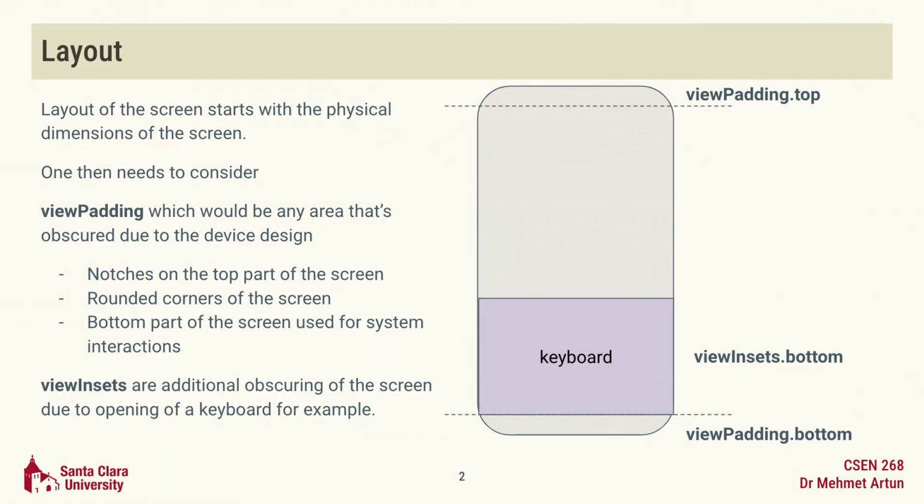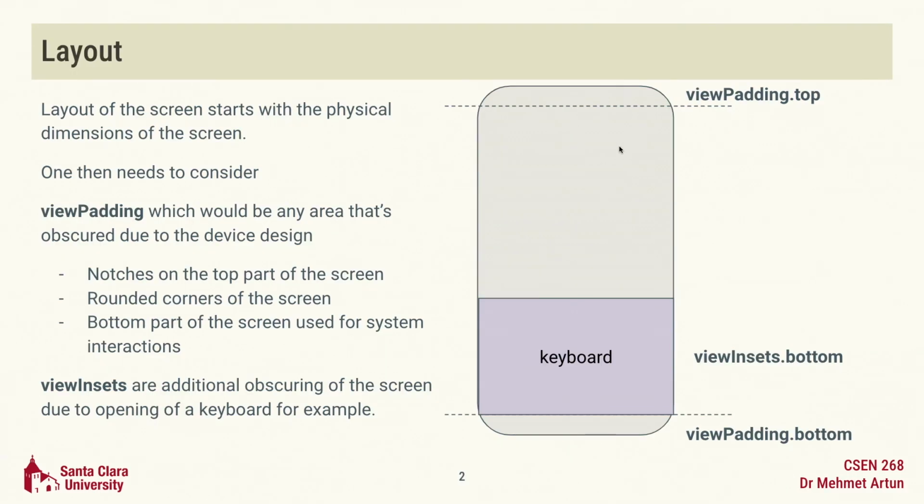But you should know these concepts, view padding and view insets. View inset is a temporary thing. View padding is a permanent thing, and it's your choice to use the area of the view padding for your code or not. You have the ability to specify that in Scaffold. Okay, so that's the most basic element.